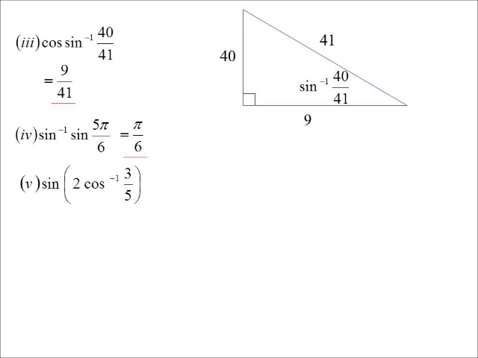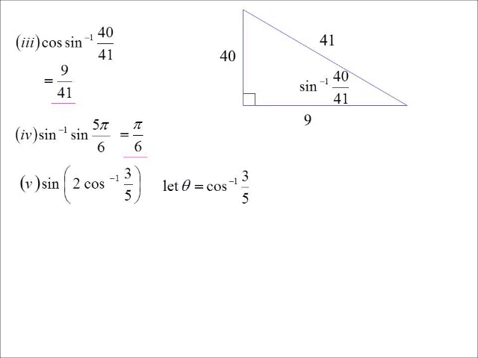The sine of 2 inverse cos 3/5. Inverse cos 3/5, we're just talking about an angle. It's really saying sine of 2 theta. I can make life even easier for myself by saying, I'll let theta equal that angle. So I'm not confused with the inverse cos bit, I've just got a theta there.